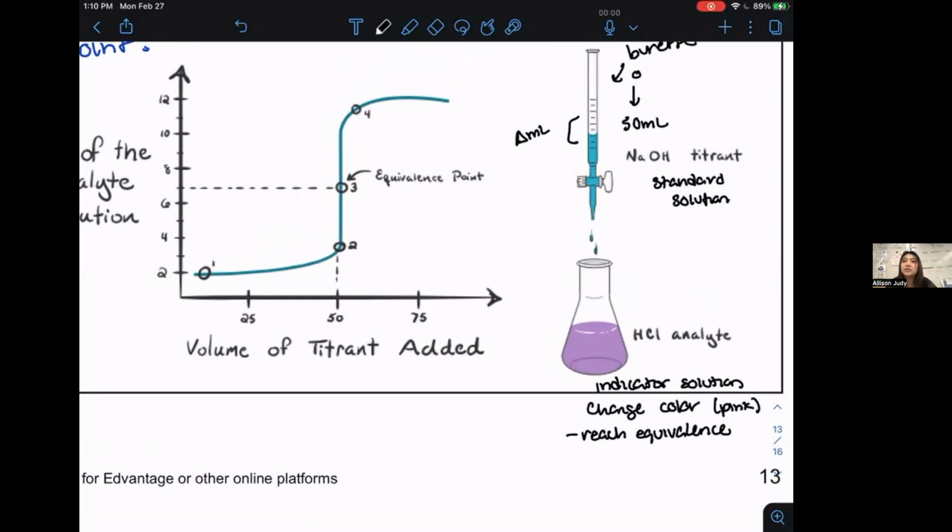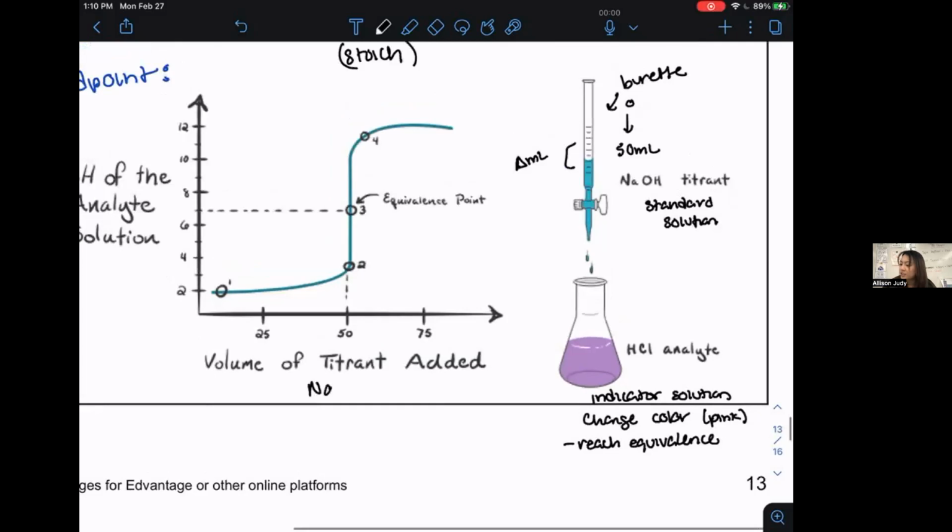Yes? Is this graph accurate in that it has a vertical slope? Yes, it is. Because what happens is, as you add titrant, so for our titrant, it would be NaOH in this example, you get small amounts of increasing basicity.